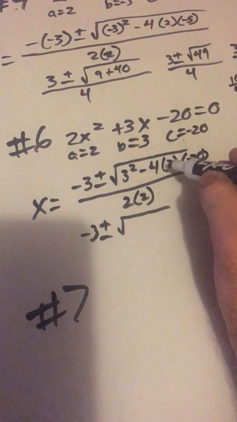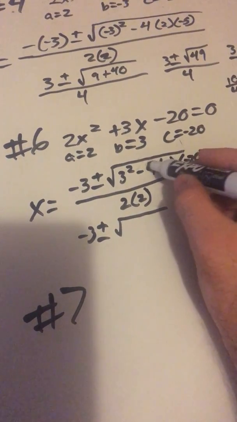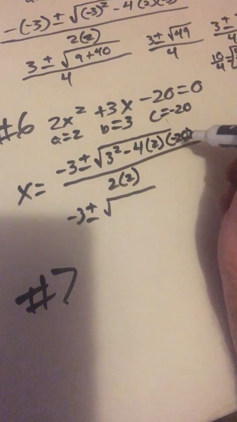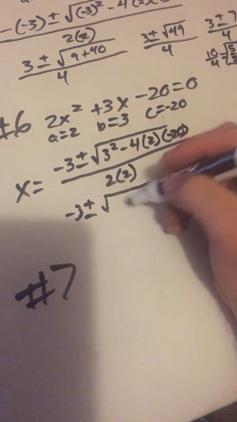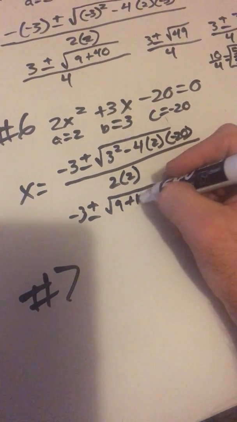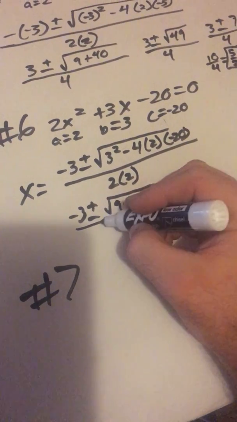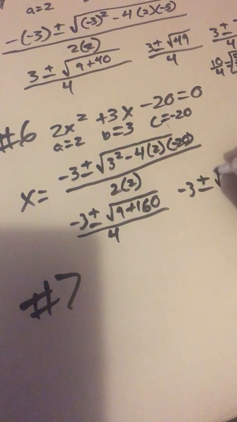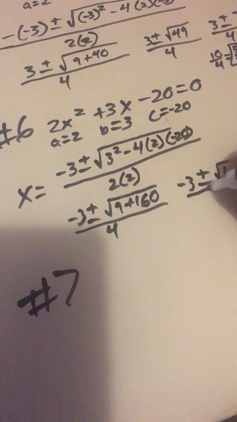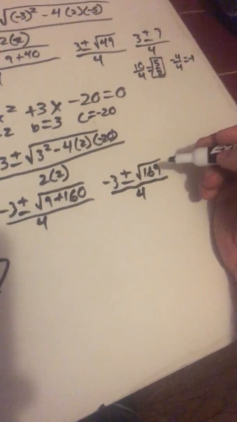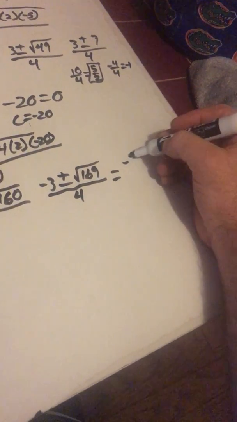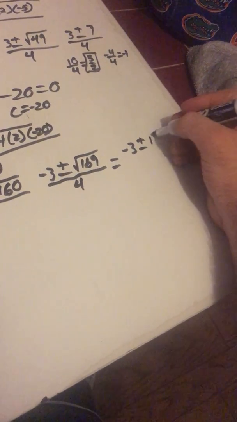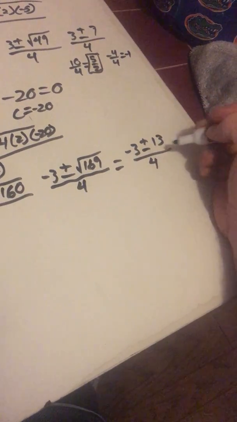Let's clean this up. 9, minus negative 4 times 2 is negative 8. Negative 8 times negative 20 is a positive 160. So I have 9 plus 160 all over 4. So now I have negative 3 plus or minus the square root of 169, which is 13, all over 4.